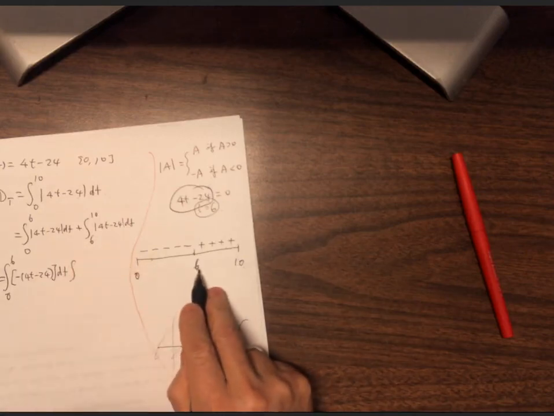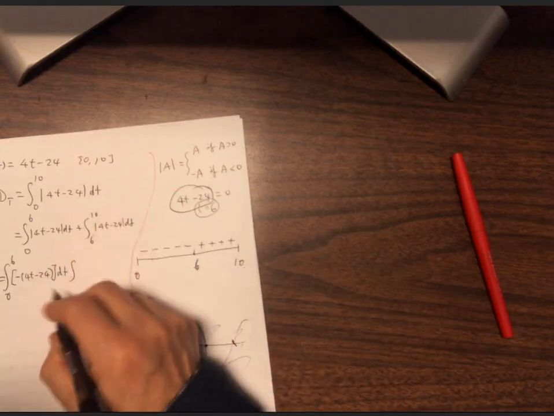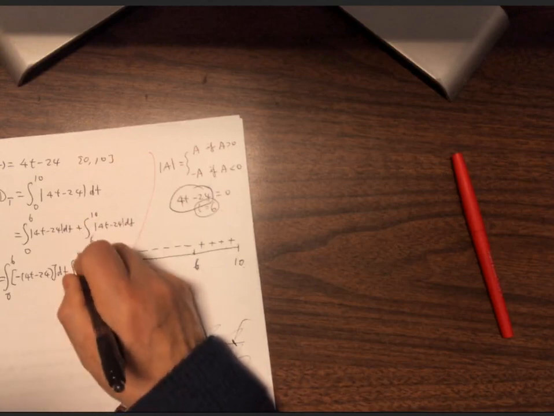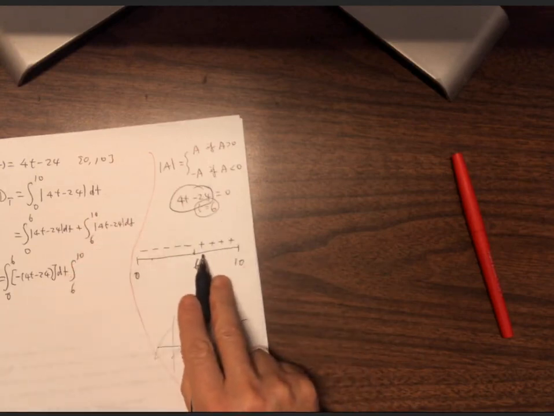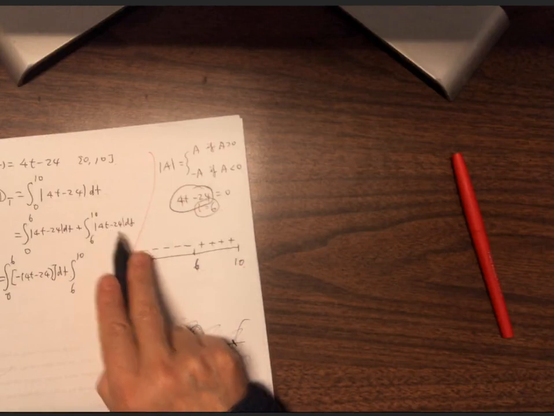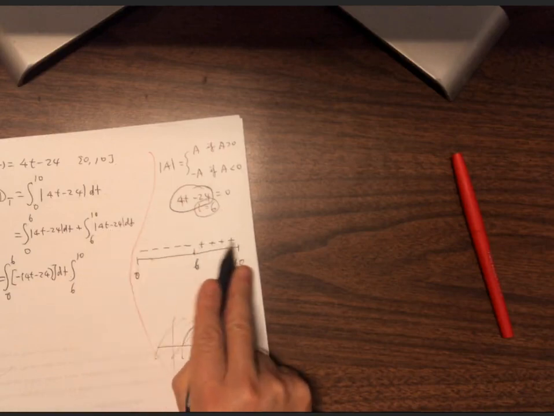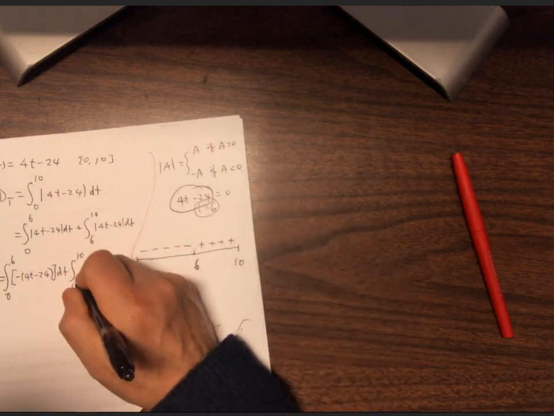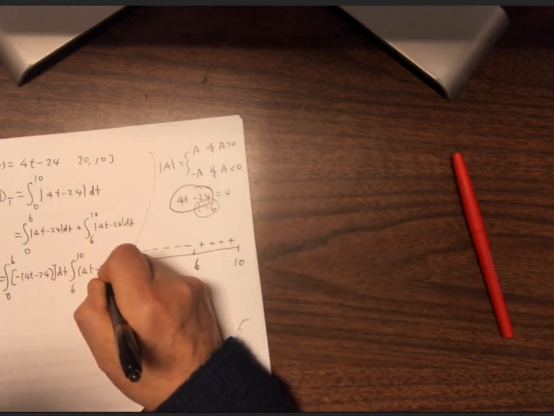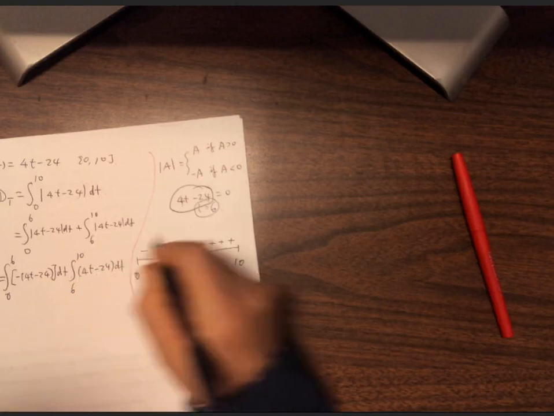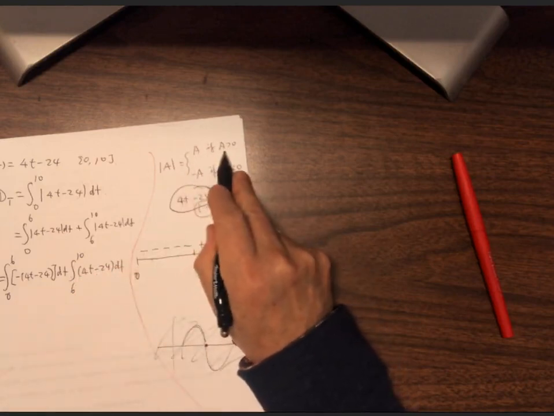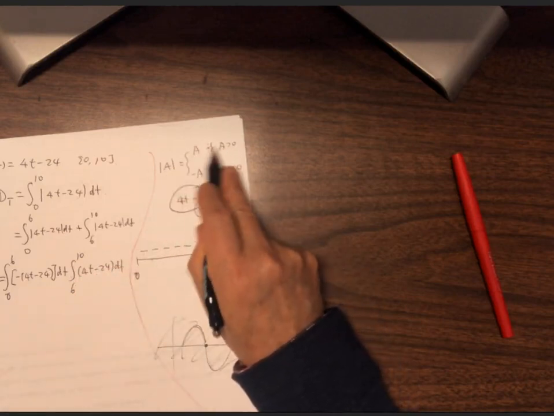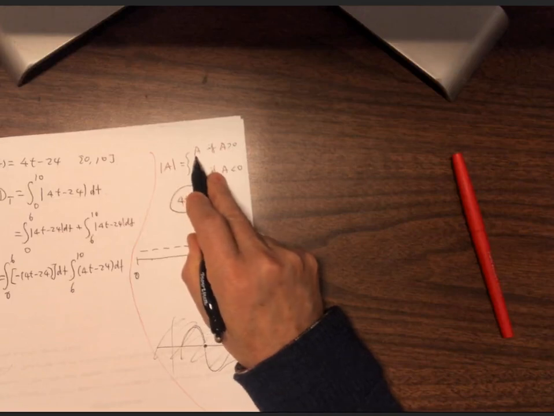Over the interval 6 to 10, we find 4t minus 24 stays positive all the time. In other words, since this is positive, there's no need for absolute value signs. That's what the definition says: if A itself is positive, you can just get the A out.